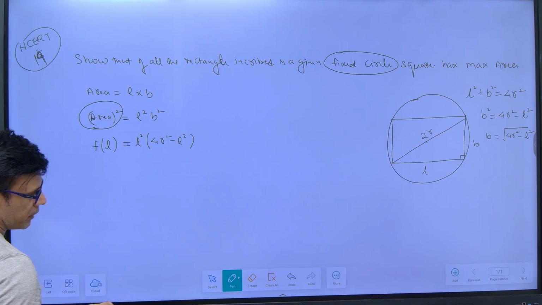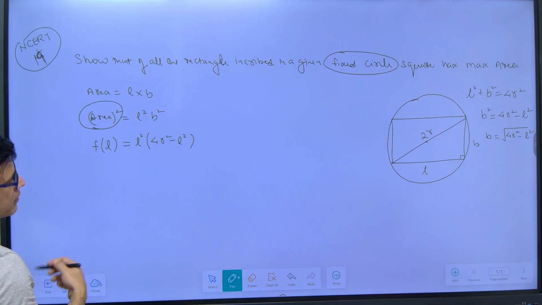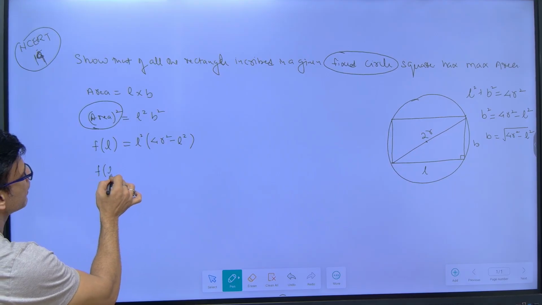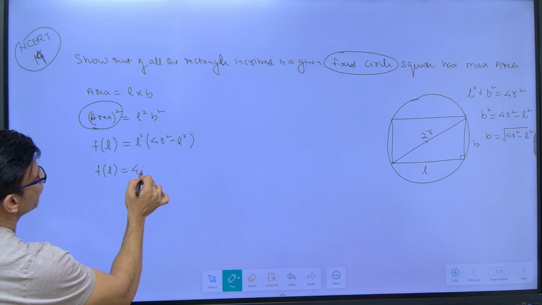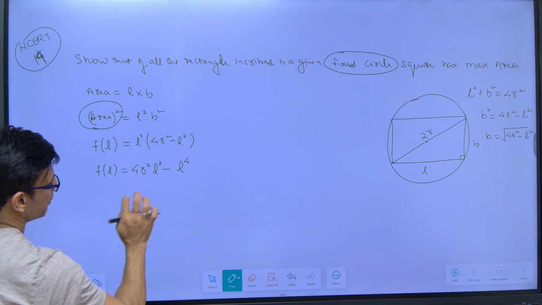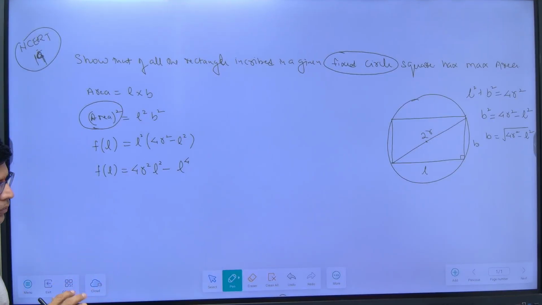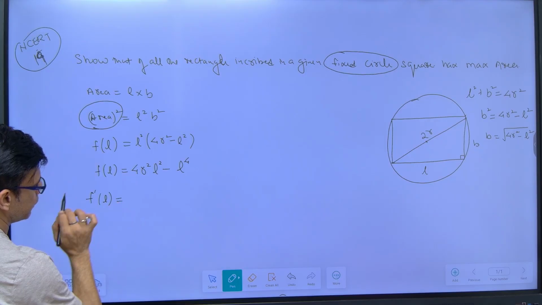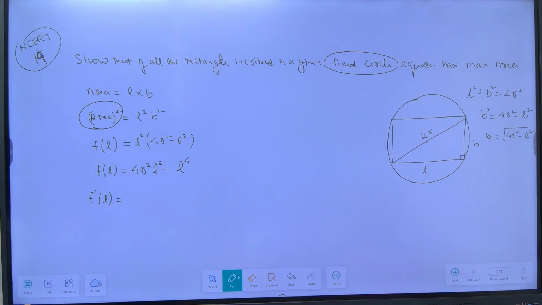After this step, you want to use U into V or directly multiply and then use. मैं होता तो ऐसा करता 4R square into L square minus L raised power 4. Choice is yours. Again, you can do whatever you want. What is constant here?